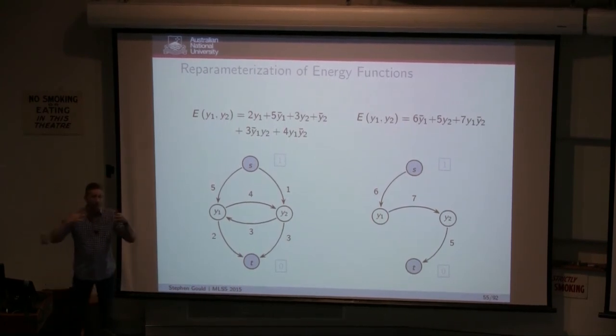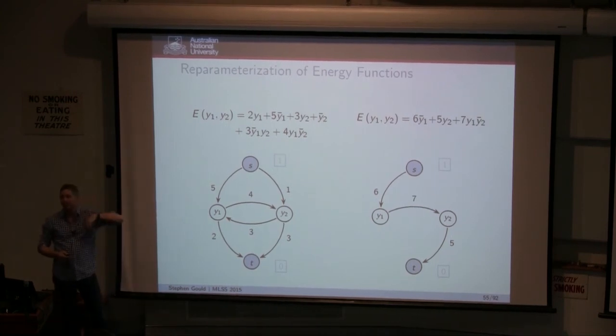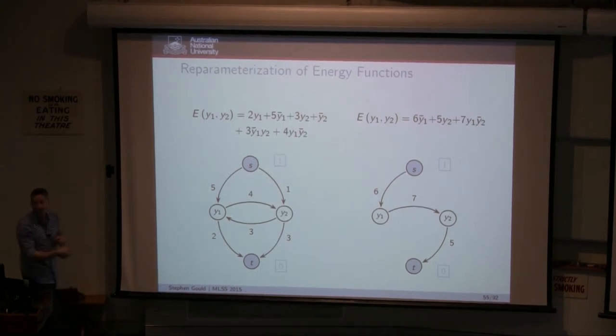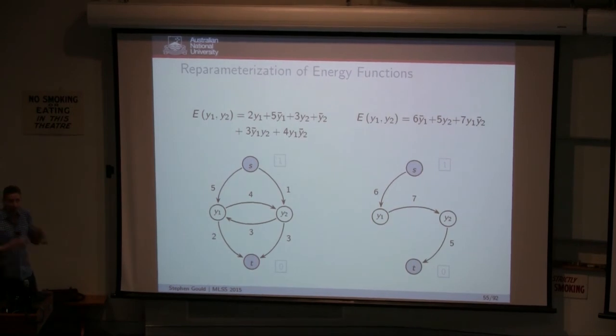I can read the weights of that graph and construct an energy function from that graph. And that energy function is a reparameterization of my original energy function. So it turns out that these two energy functions are exactly the same. If I plug in values for y1 and y2 here, and plug in those same values for y1 and y2 on the second one, I get exactly the same number.